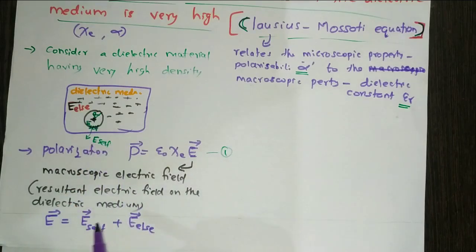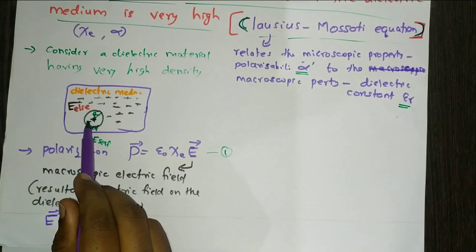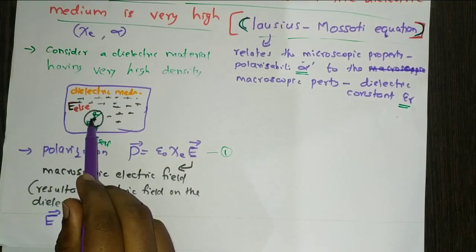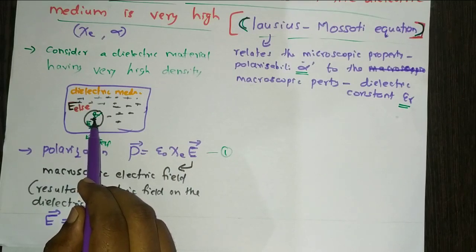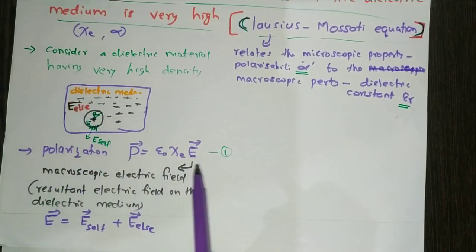That is, the electric field due to this dipole plus the electric field due to the other dipoles, that is E else.